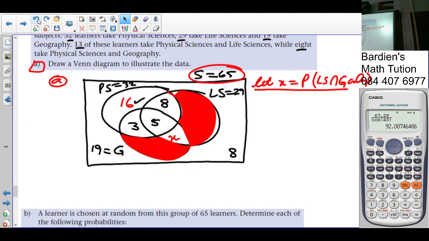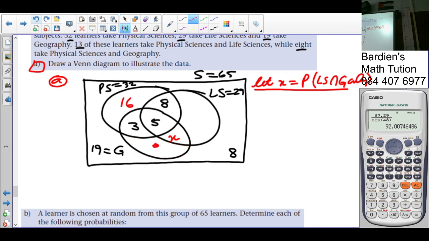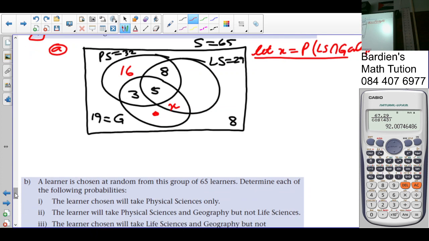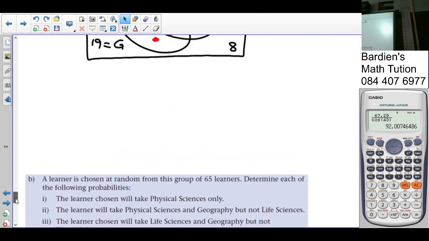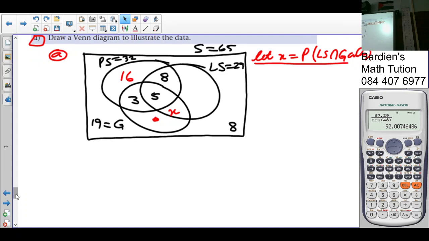So what would the first part be? What would this be in terms of x? 11 minus x, let's check. How do you get that? So we're saying that it's going to be 3, plus that, plus that, plus that, equals 19. Not so?